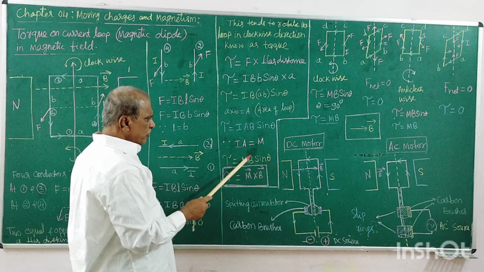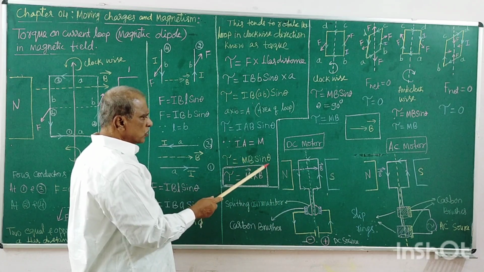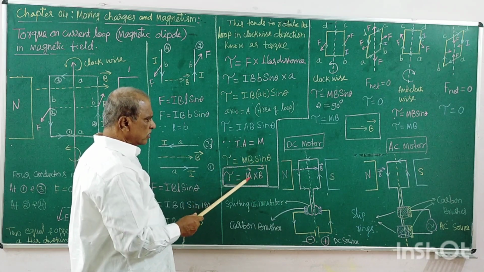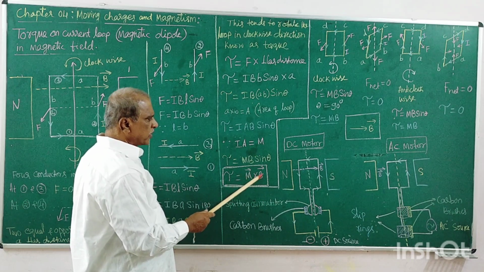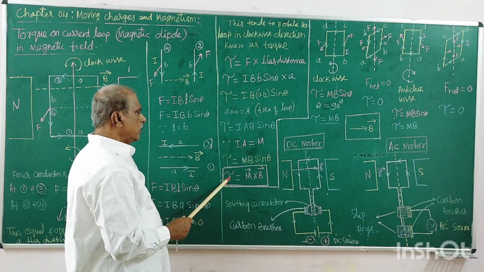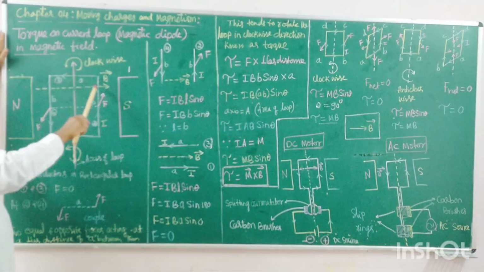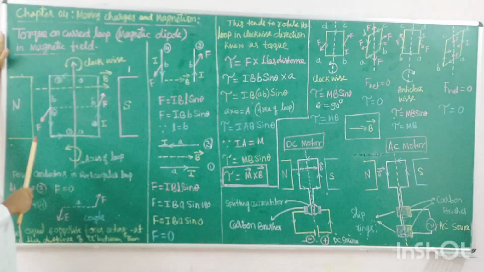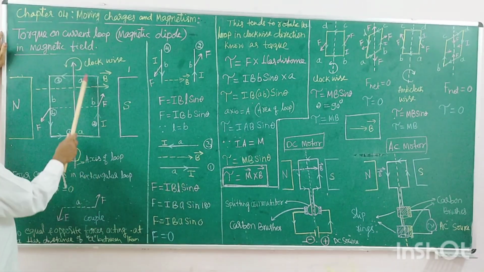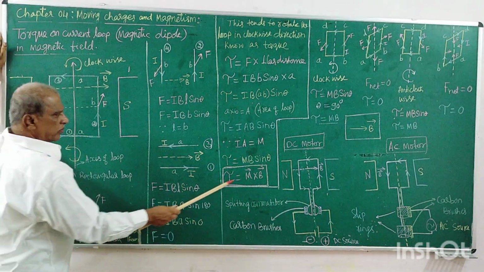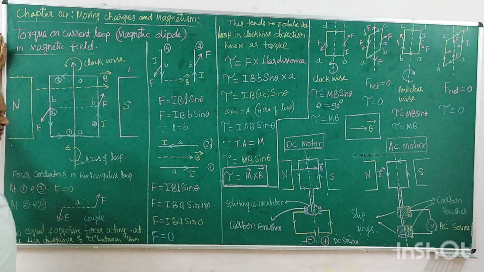So theta is the angle between M and B. So rewrite this as the cross product of vector M and vector B. The total torque produced by this current loop is given by the magnitude of the dipole moment of the loop and the magnitude of the applied magnetic field, the final equation.